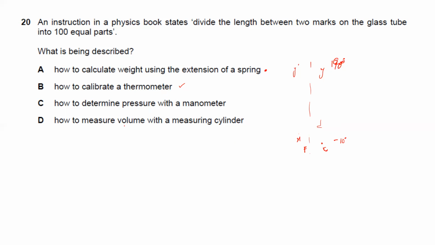So we have some doubts over this as well. How to determine pressure with a manometer? Manometers are a U-shaped tube, again of glass, though it can be made of other transparent plastic materials as well. So the best looking answer for me is answer number B. I'll go with B.